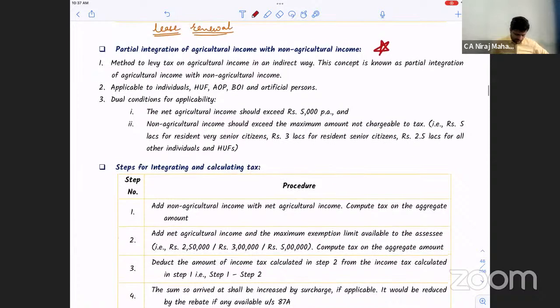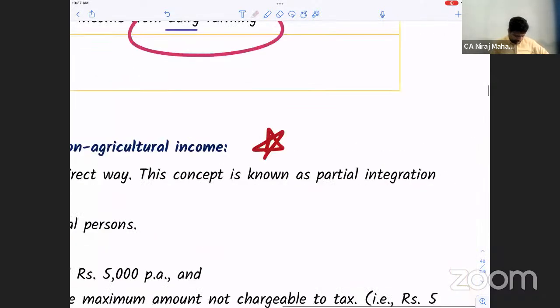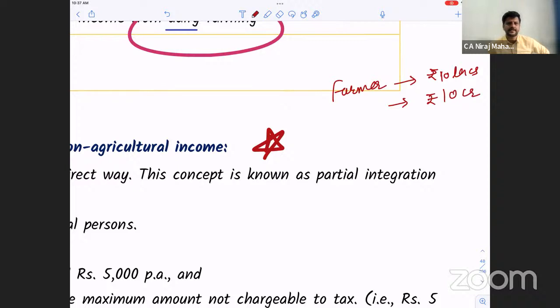Pay attention. If there's a farmer, he earns rupees 10 lakhs or rupees 10 crores, but purely from agricultural activities, it is exempt.